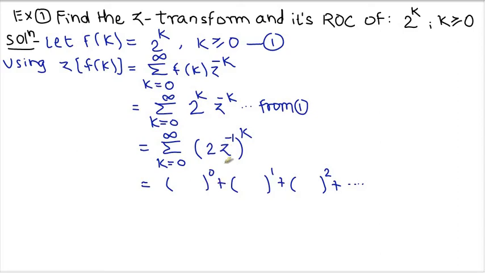This bracket raised to k plus bracket raised to k plus bracket raised to k plus dot dot up to infinity, because limits of k start with 0 up to infinity, right? While the first value of k I have put 0, so index will be 0, second value is 1, third value is 2. You have to replace all the values up to infinity here.